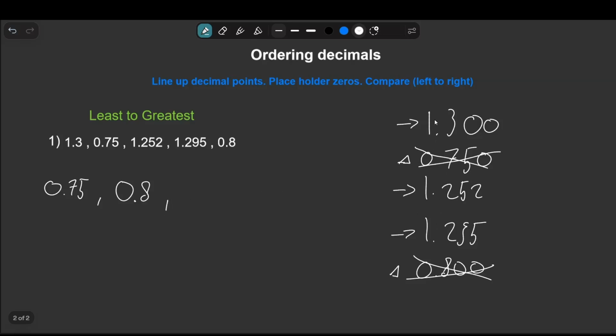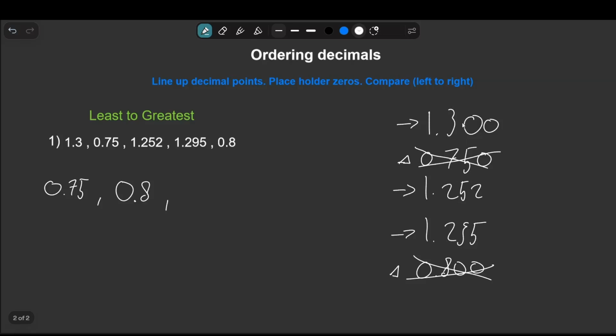Now we have to compare these 3 together. So I like to look at the differences of them from left to right. So they all have the same 1, but only 2 of them have a 2 after the decimal. And this one has a 3.